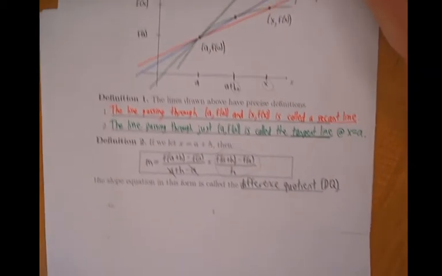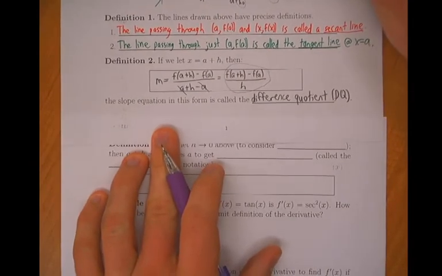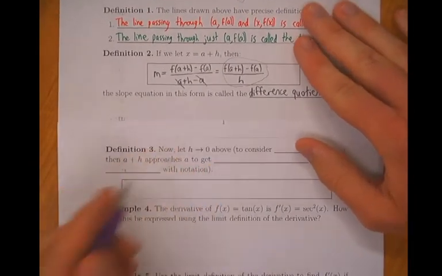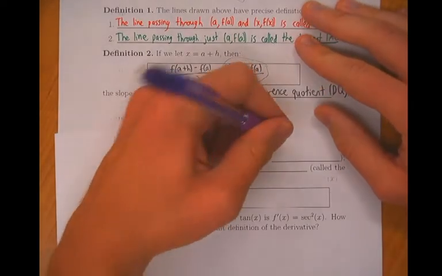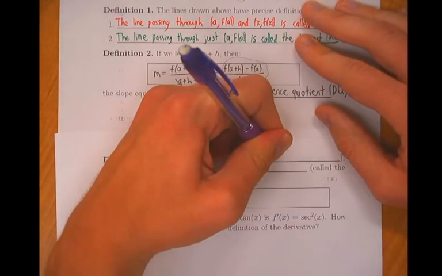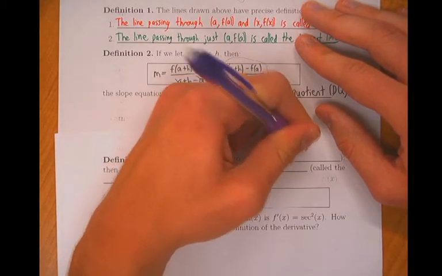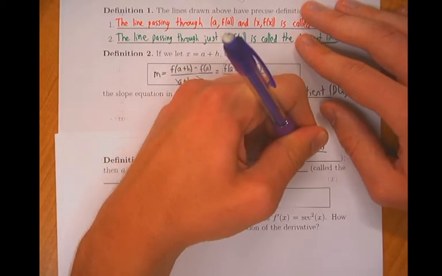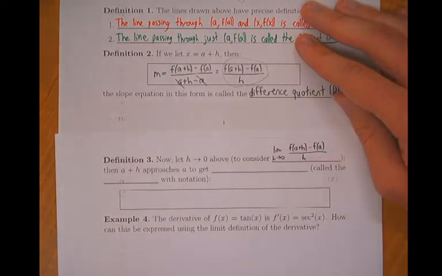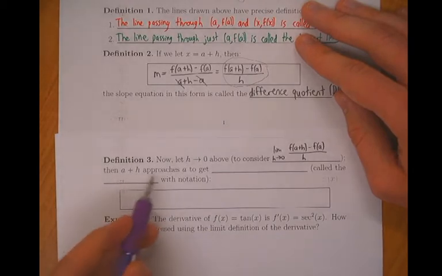Moving on to page 2. Now let h approach 0 as above, to consider the limit as h approaches 0 of f of a plus h minus f of a, divided by h. Then, as we mentioned before, a plus h just approaches a.